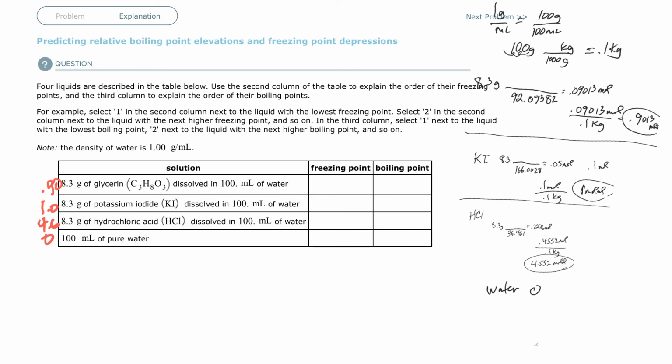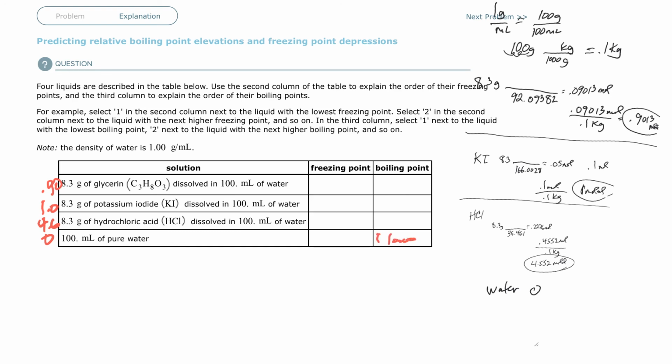Okay, so let's do boiling point first. Boiling point is going to be 100 degrees when the molality is 0. As the molality goes up, the boiling point goes up. So what's going to be the lowest? Well, the lowest would be pure water, so that's a 1.